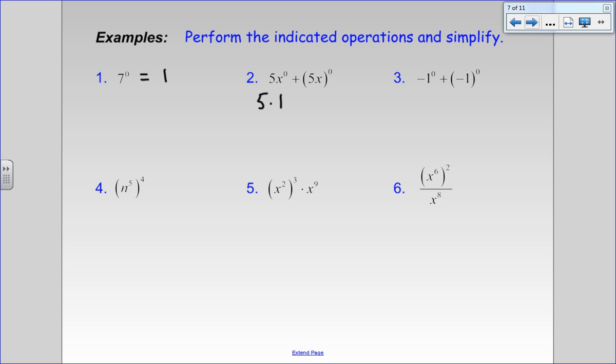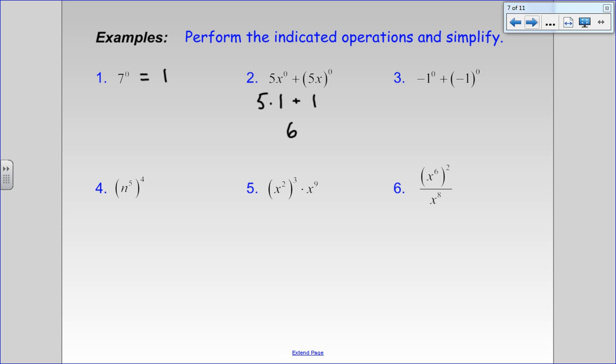For the second expression, however, the base is the whole quantity 5x. So the quantity 5x to the 0 is simply 1, just like anything to the power of 0 is 1. Now applying order of operations, we multiply 5 times 1 and then add 1, so we have 5 plus 1, or 6, for the value of this expression.